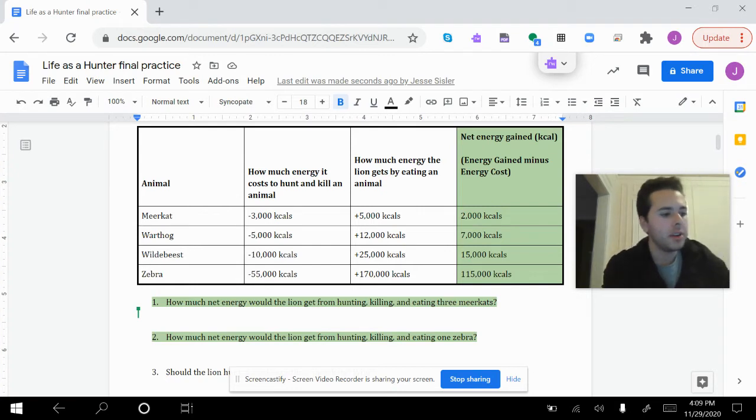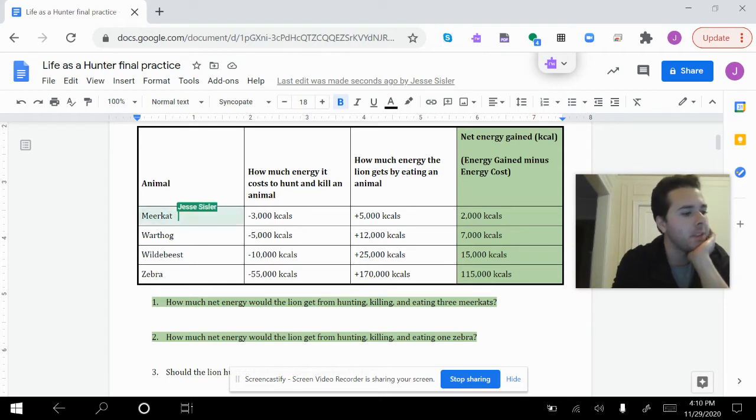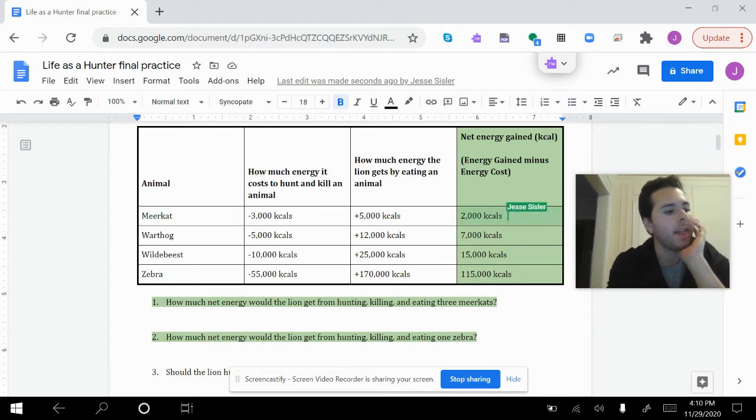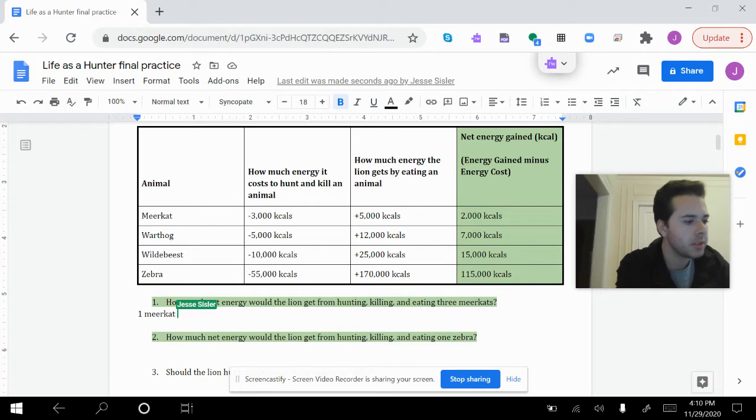Well, I highlighted it green to go along with this column to signal to us that we're looking at net energy gain. Okay, so I know for one meerkat, because I look at my meerkat and I look across to this column, I know for one meerkat, the lion gains 2,000 kcals. So I'm going to write that. One meerkat equals 2,000 kcals.